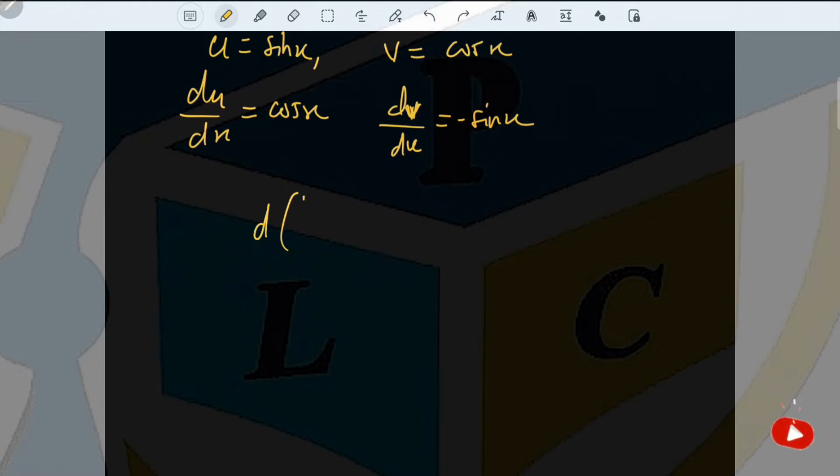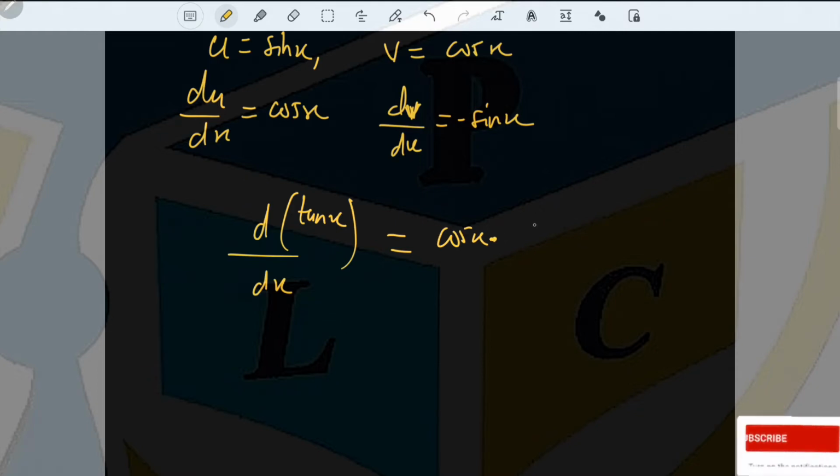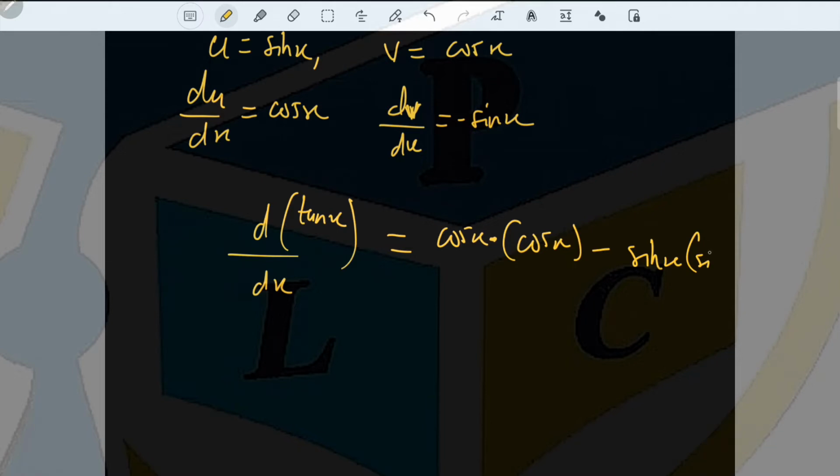Therefore the differential of tangent, which is the same thing as tan x, which is the same thing as sine x over cos x, is going to be, so I know my v as cos x. v will multiply the differential of u, so it's going to be cos x minus, I know my u is sine x, and the differential of v is negative sine x.